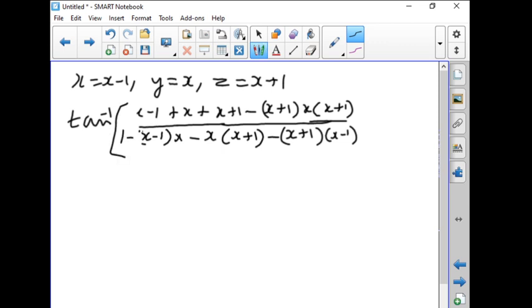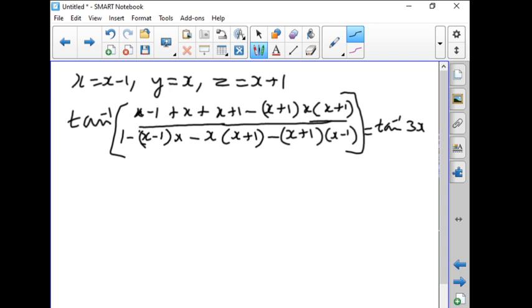In the formula we have substituted, and this is equal to tan inverse of 3x. This is the question.